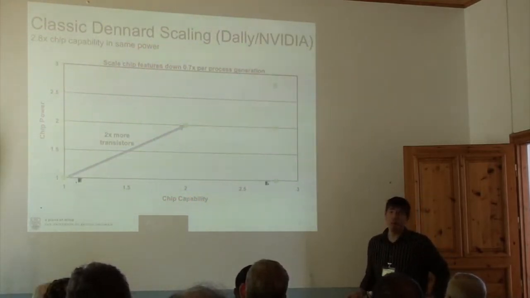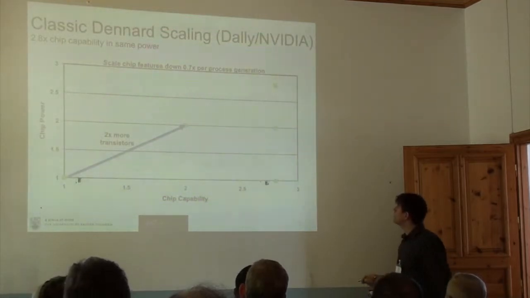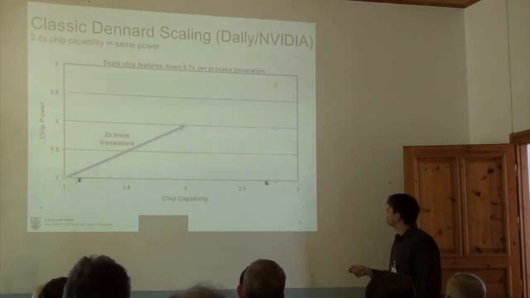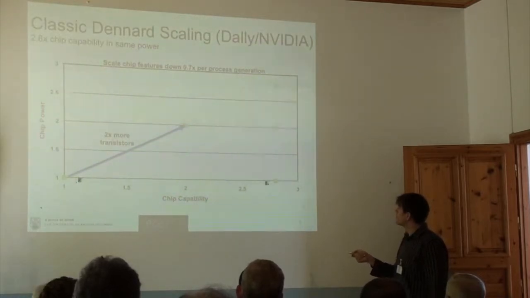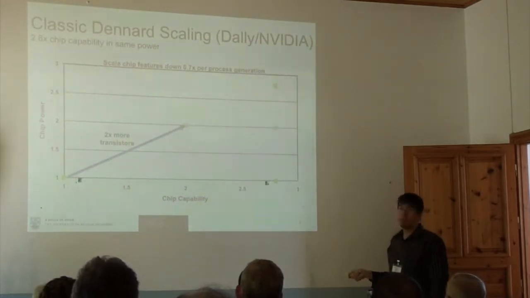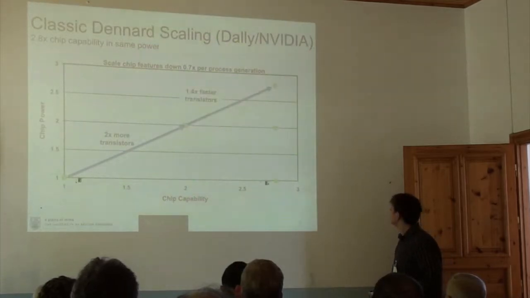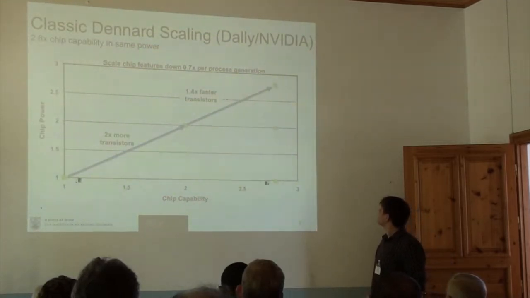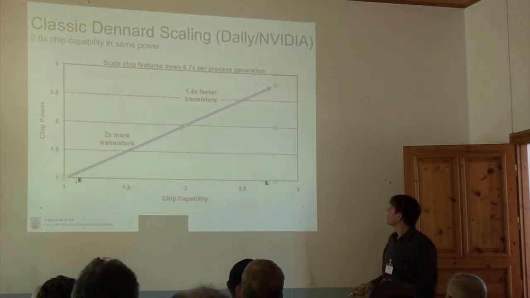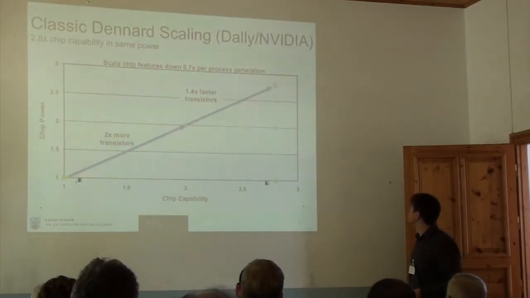Previously, as you scale from one process node to the next, feature size would scale down by 1 over square root of 2, and that would give you 2 times more transistors. So you get twice the raw chip capability, and of course if you did nothing else, that would double your power. But also, you could scale voltages down, and therefore you could go faster. So you could drive these transistors faster.